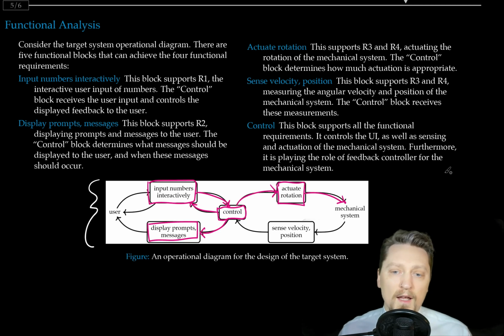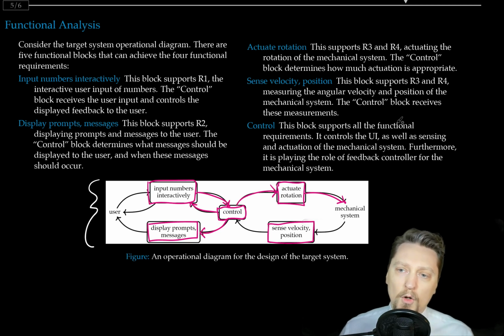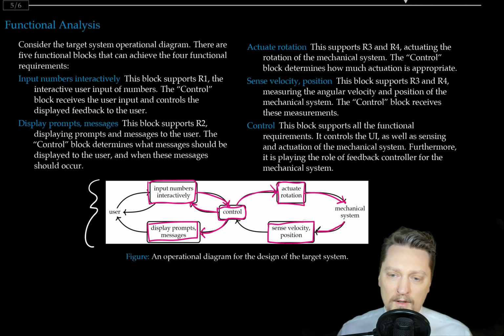Sense velocity and position, this is the block. This block supports R3 and R4, measuring the angular velocity and position of the mechanical system. The control block receives these measurements. So the mechanical system is measured through the sense velocity and position block, and that measurement is reported to control.